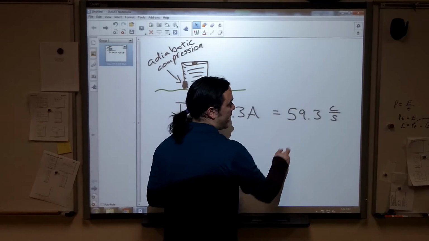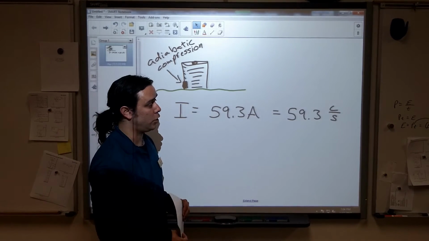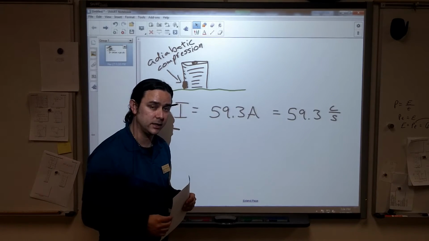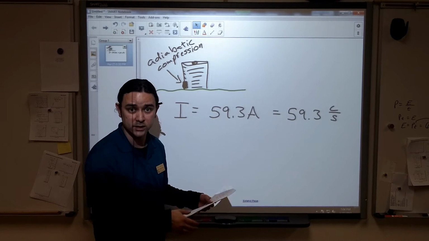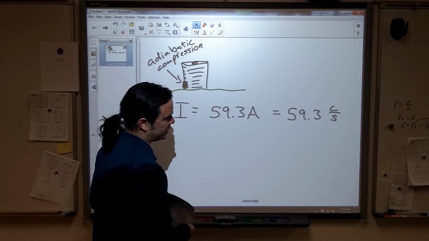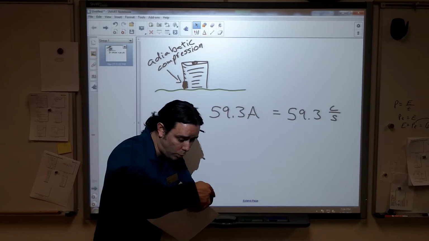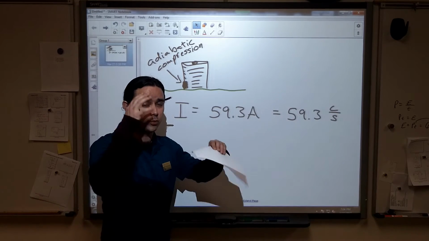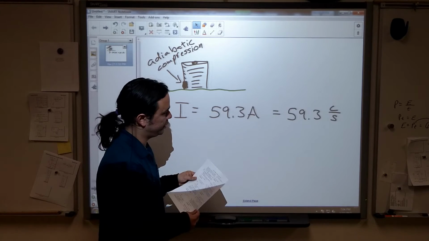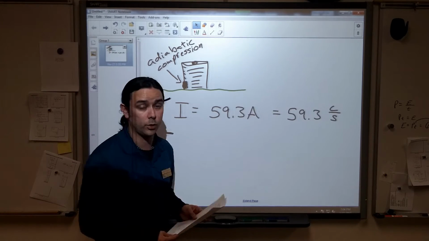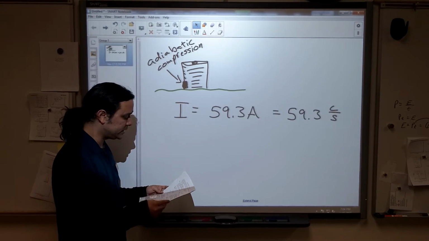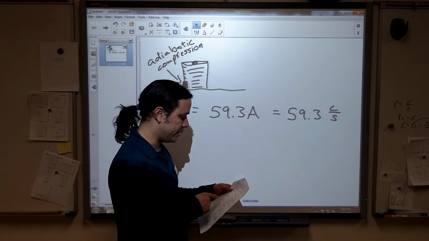We talked about this in class where I told you to imagine that current was watching one point and how many charges go by it in a time. In this case, in 1 second, how many coulombs go by? In our case, nearly 60 coulombs go by one point in 1 second. That's a ridiculous amount of charge, so much so that I don't think this number is entirely realistic, though I could be wrong. I'm not a technician.